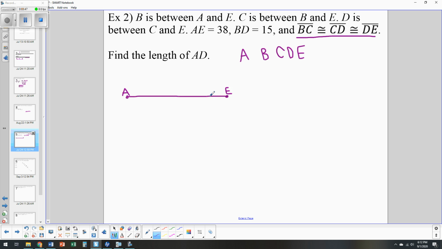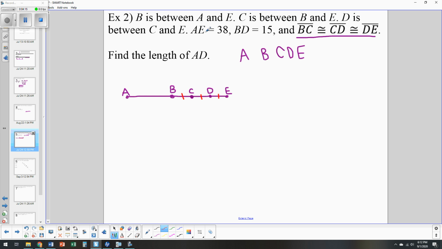So when I draw them here, even though it's not really relevant, I can make them look a little closer in size, so I know for myself when I go to answer this that these three should be the same. All right, this is still not to scale because we don't know if AB is bigger than BC or whatever. So I'm going to mark here BC, CD, and DE were all congruent.